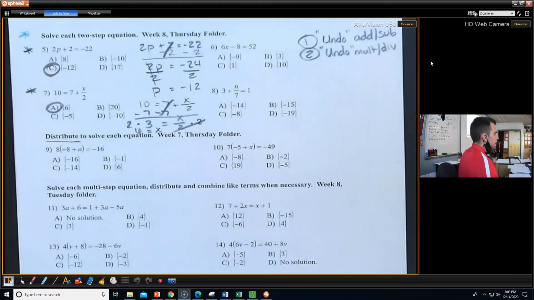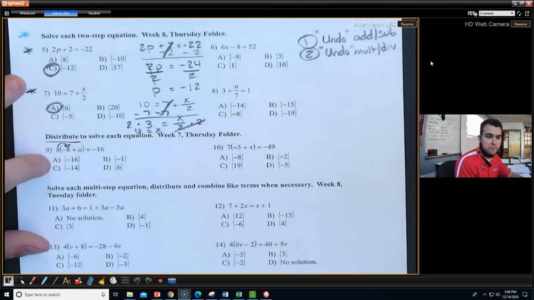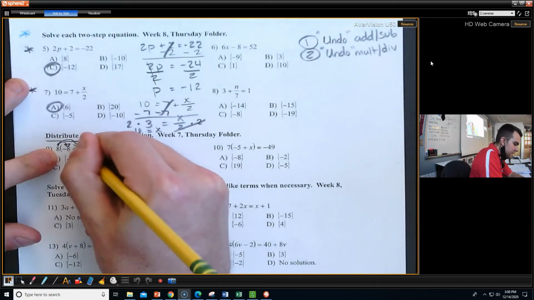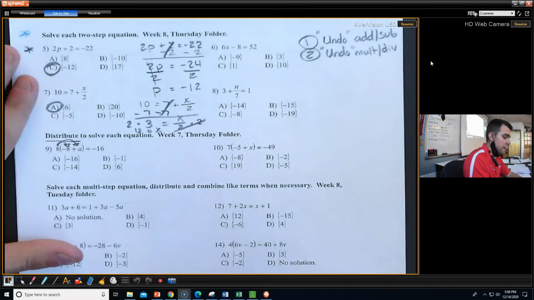What does distribute mean, guys? To give out. When we say give out, like in number 9 right here, we can give out the 8 by giving it to each of these guys. When I say give it out, I mean specifically we're going to multiply.